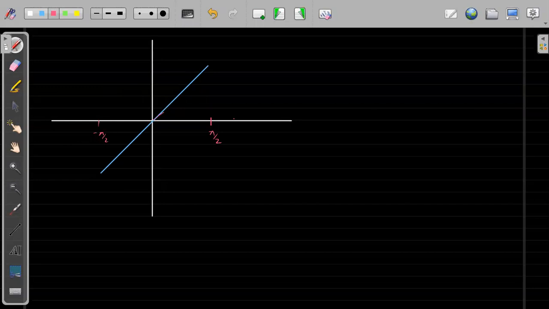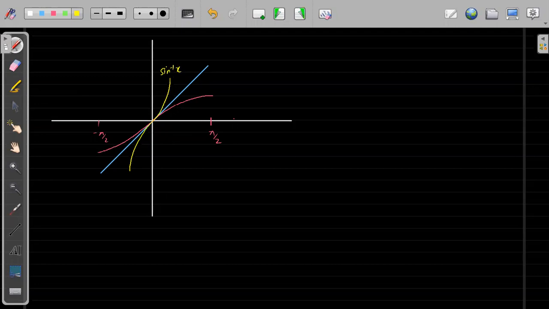The sine inverse will be the mirror image of this curve in y is equal to x. So this is sine inverse of x, right?